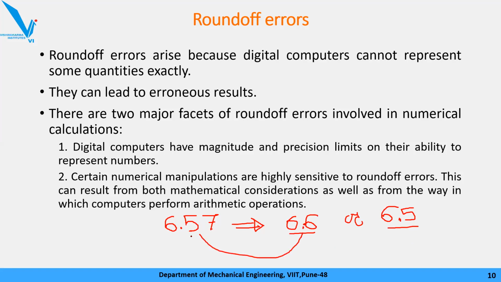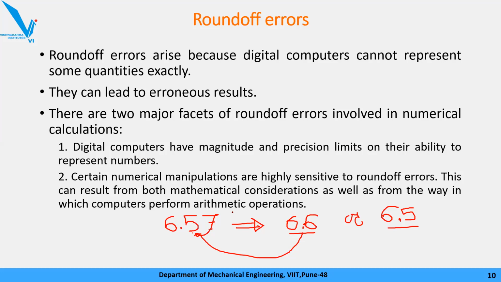What we did is round off the 7 and 5 here. The error caused due to this is around 0.03. The error between these two is 0.03, and that error is due to the rounding off.